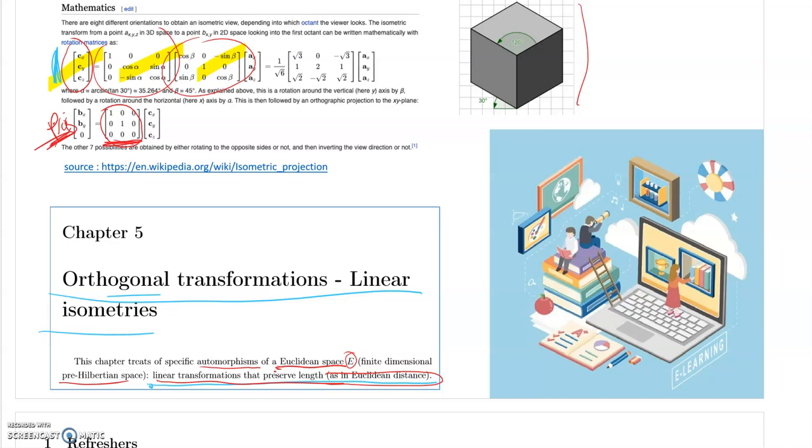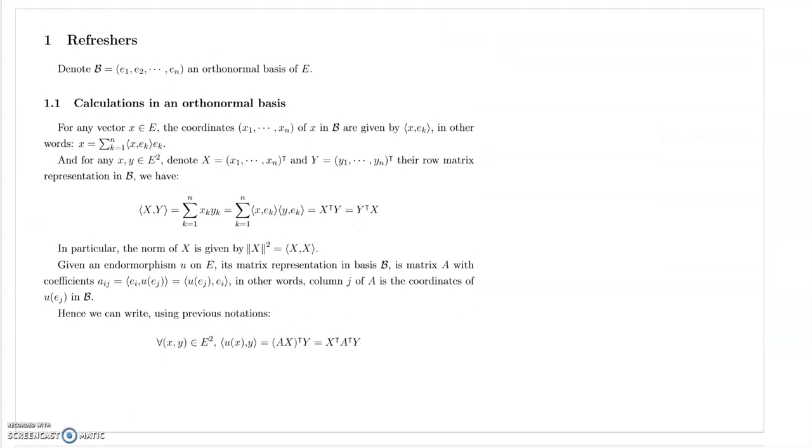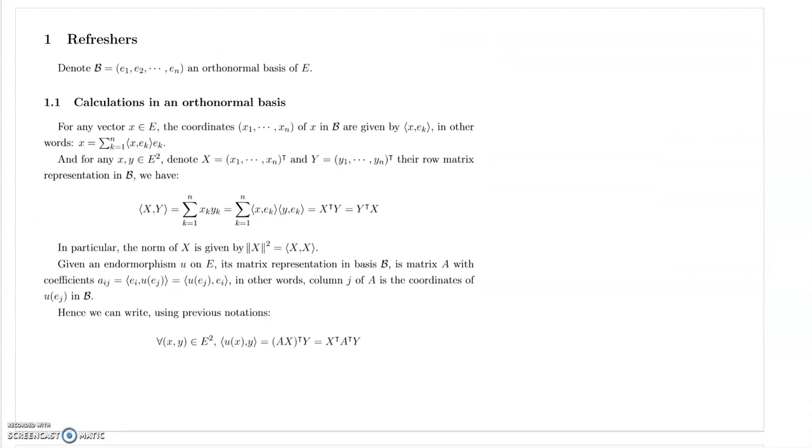Let's begin with a few refreshers, just to settle the frame we're going to work with. We have our Euclidean space E, and we assume that we've got an orthonormal basis, and you know what it means. Each vector has norm 1 and they are orthogonal two by two with respect to the defined inner product.